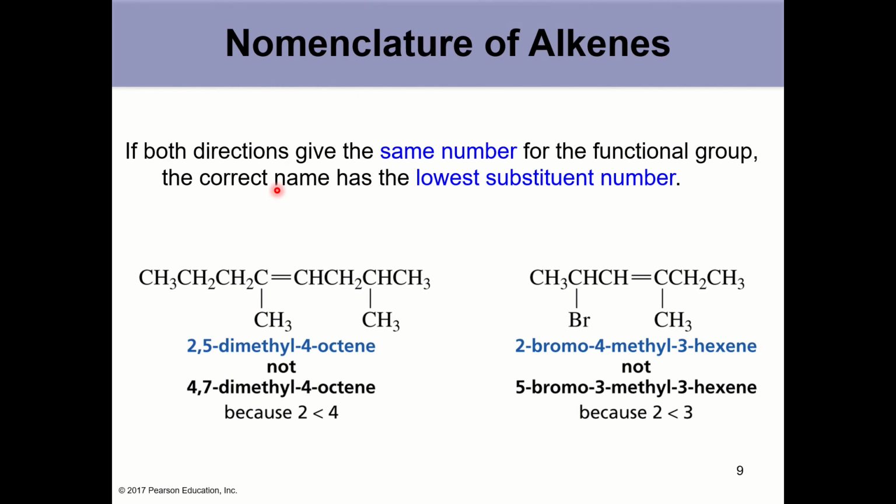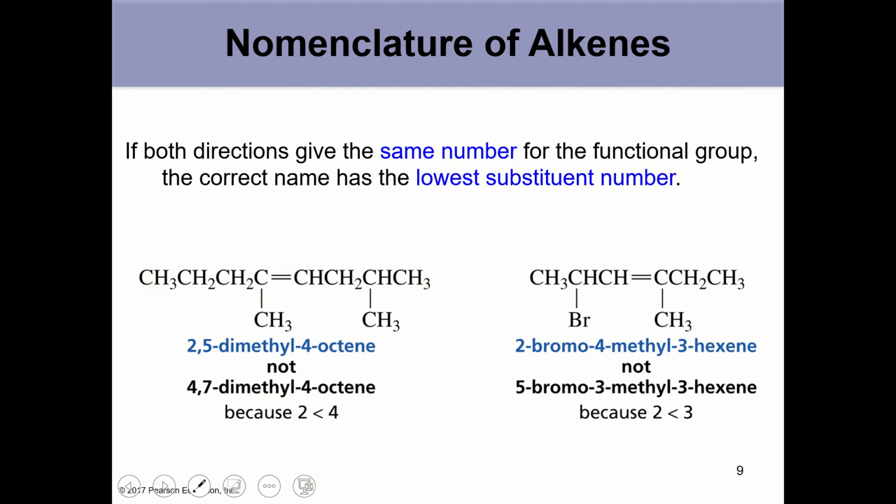If both directions give the same number for the functional group of interest, the correct name has the lowest substituent number overall. So in this case, we have that the pi bond is at carbon 4 whether we start from the right or the left.